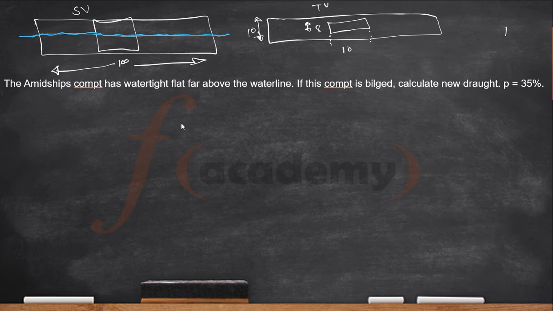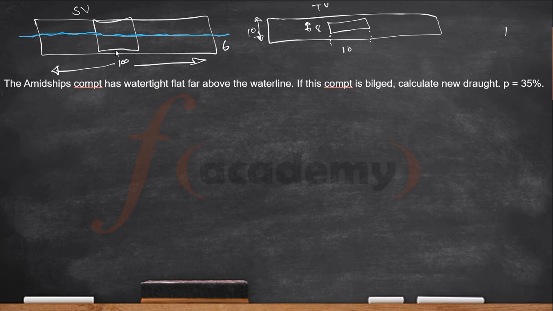So the problem that we're tackling reads: it's still our normal shape, 100 meters long, 10 meters breadth, with a midship compartment 8 meters wide and 10 meters long, and we are on a draft of 6 meters, our normal shape that we do our exercises.